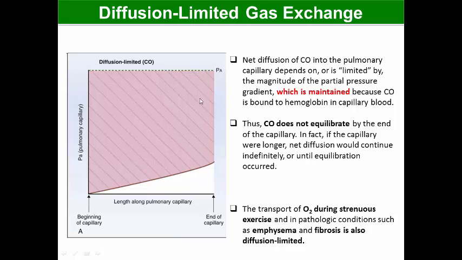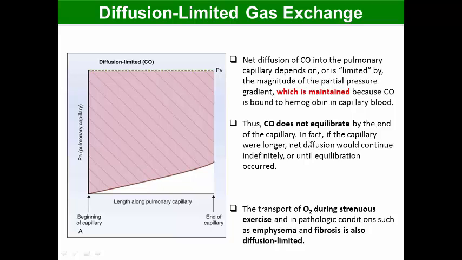You can see that the partial pressure of the gas in the blood in the pulmonary capillaries, even by the end of the pulmonary capillaries, doesn't reach the partial pressure of the gas in the alveolar air. So there is always a pressure gradient for this gas. An example of this gas is carbon monoxide. So carbon monoxide doesn't equilibrate by the end of the pulmonary capillaries.